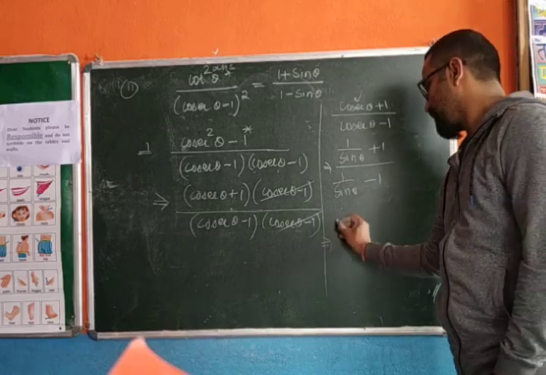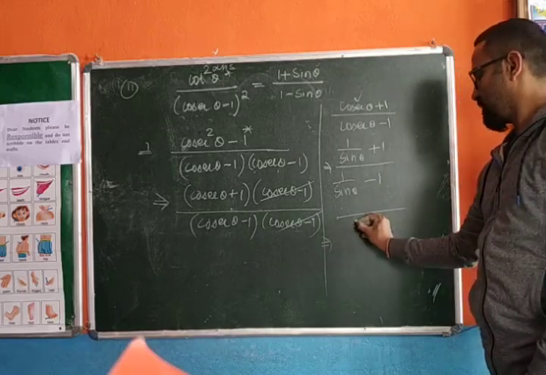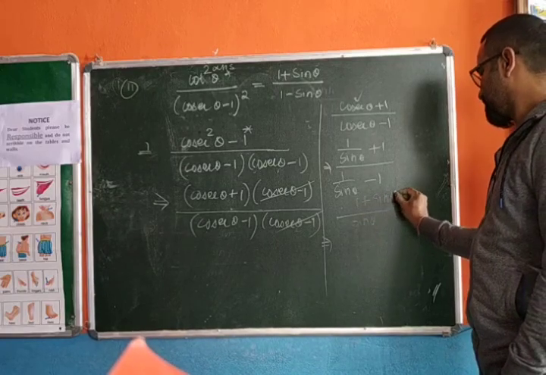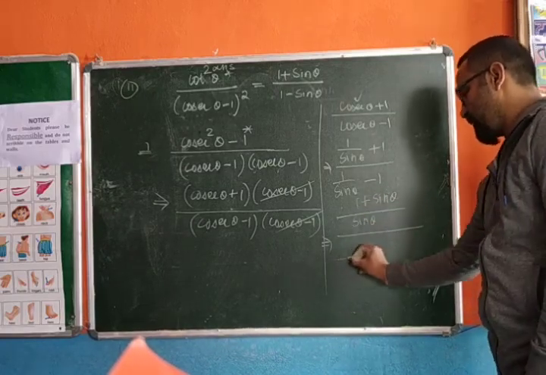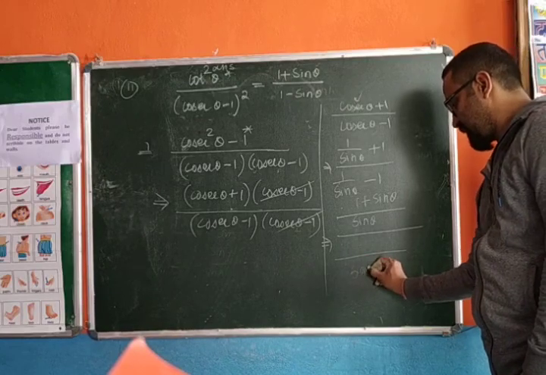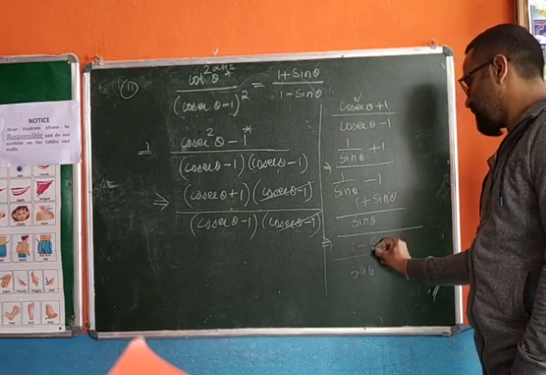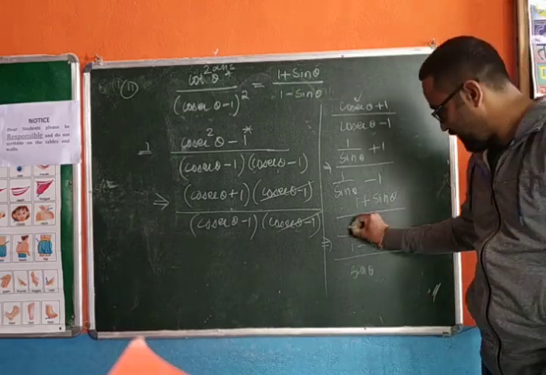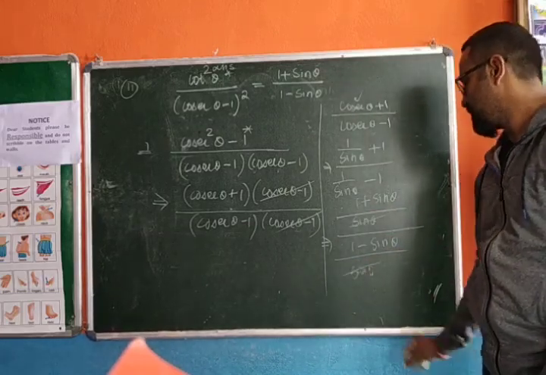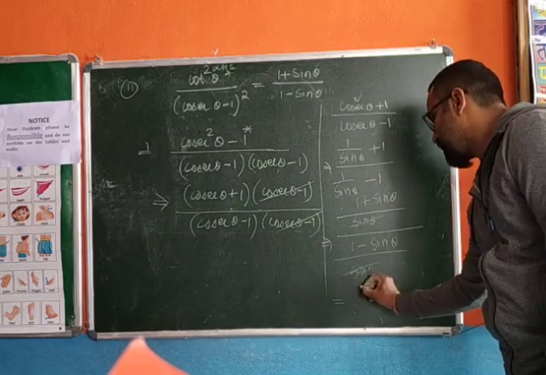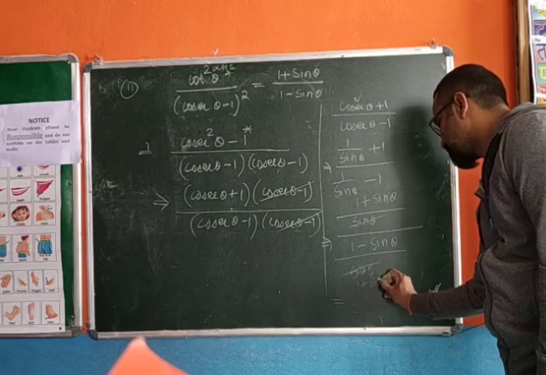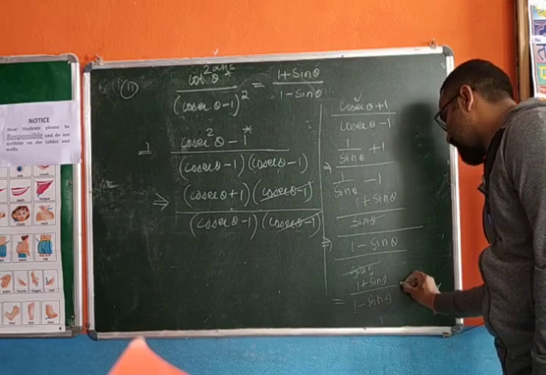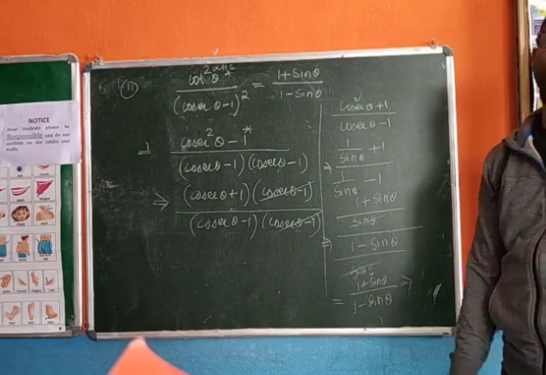Take the LCM of the numerator, sin theta, 1 plus sin theta. LCM of the denominator, sin theta, you get 1 minus sin theta. You can cancel directly if you have equal denominators. So at the numerator you are left with 1 plus sin theta, 1 minus sin theta. Left hand side is equal to right hand side, proved.